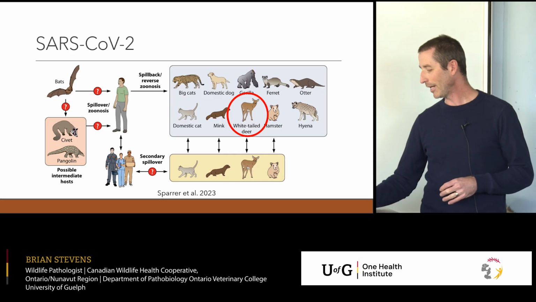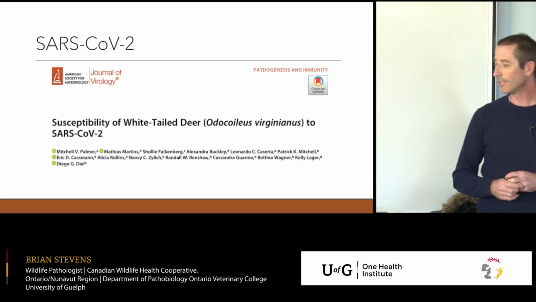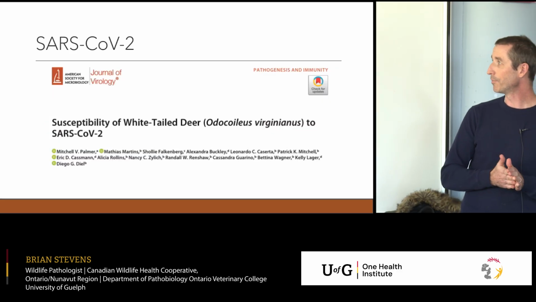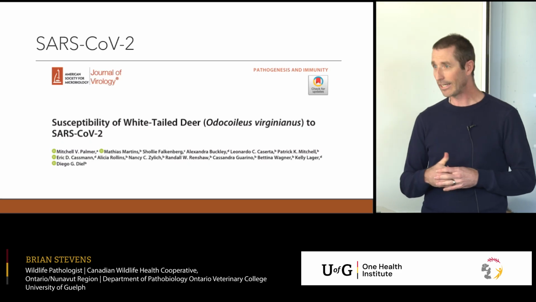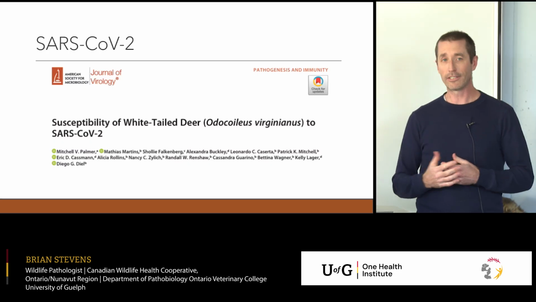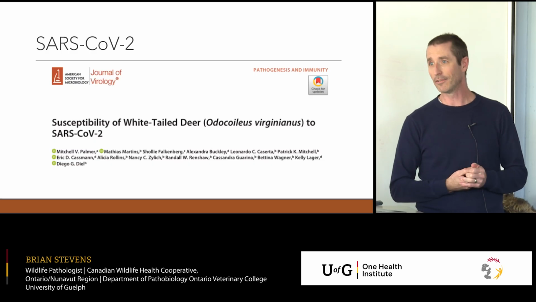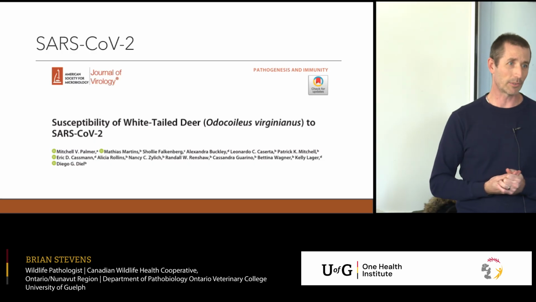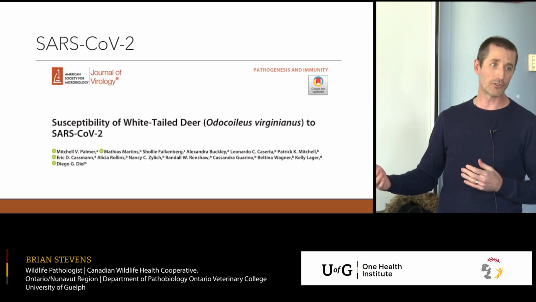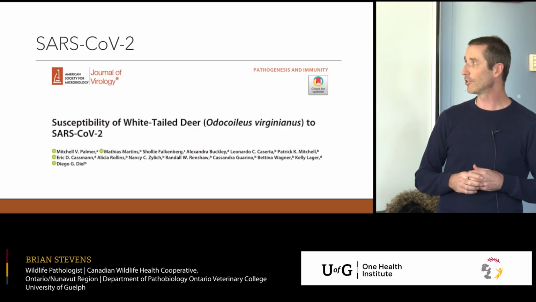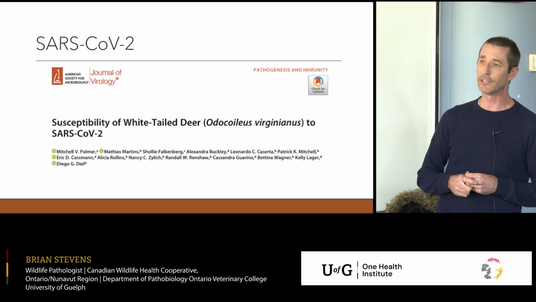Nobody knew what those impacts were going to be until there was a group that actually did do infection trials within white-tailed deer. And they were able to find that these white-tailed deer could not only be infected by this virus, but they could spread it from deer to deer. And it wasn't just by close contact, they were able to also show that it could be spread via the aerosol route, similar to how it's spread in humans.